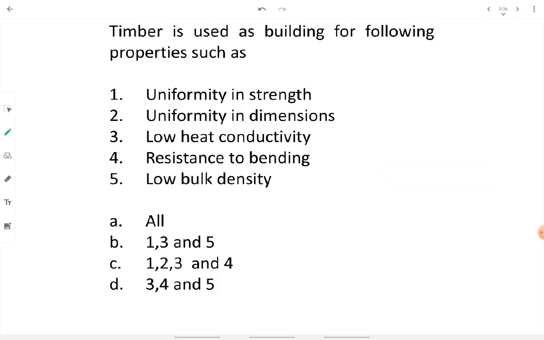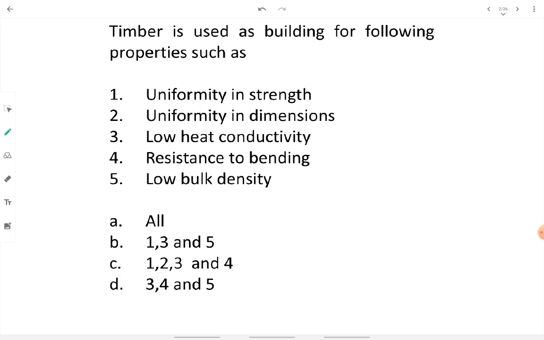Okay, then question number 2 is saying timber is used as building material for following properties such as. See, several properties are mentioned here, 5 properties are given, and out of that we have to tick the properties which are suitable for engineering purpose or engineering projects. See, the first point is saying uniformity in strength.